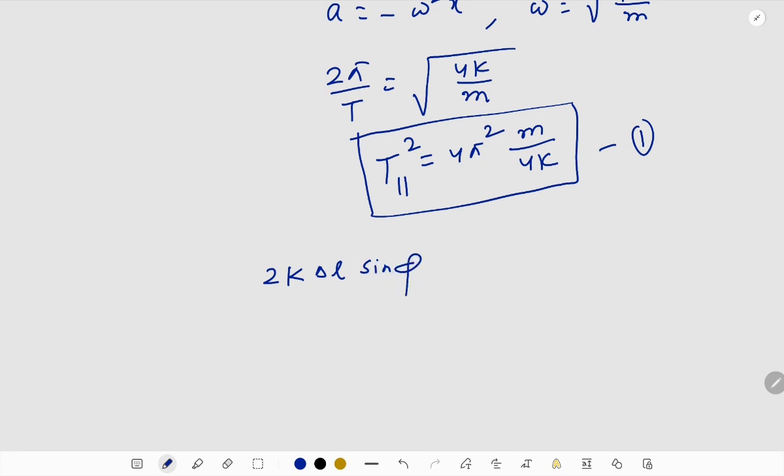This is the force acting on the small ball, whatever it is, and that will be equal to mass into acceleration.